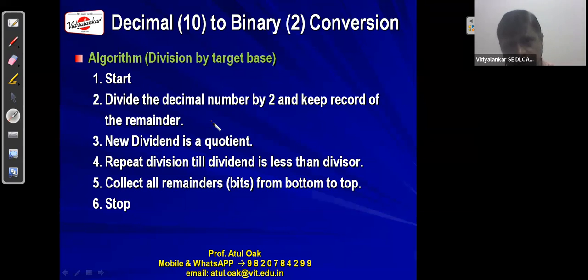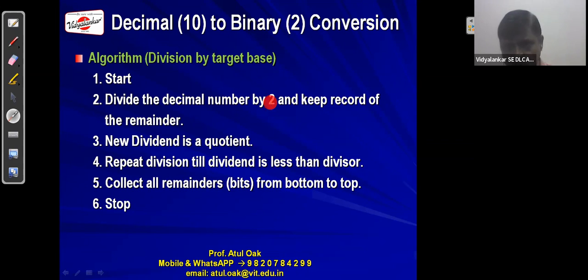you divide the decimal number by 2. Why do you divide by 2? Because my target base is binary. Okay, my target base, target means where you want to convert, is binary.